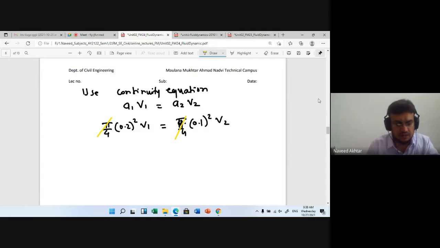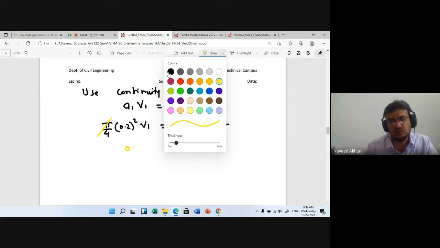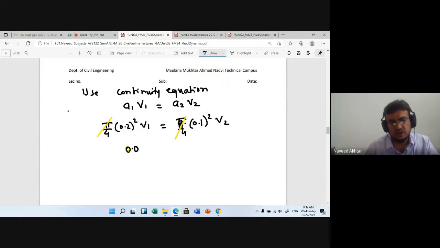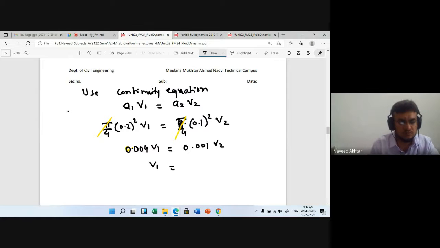So it will be 0.2 square, that is 0.04 V1 is equal to 0.01 V2. Again, V1 is 0.25 times of V2.